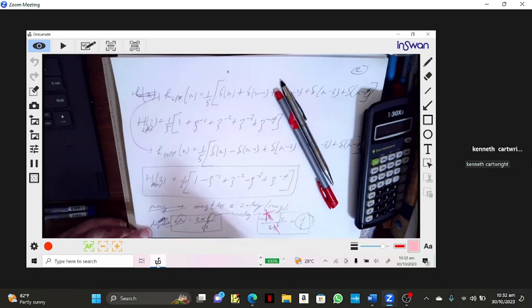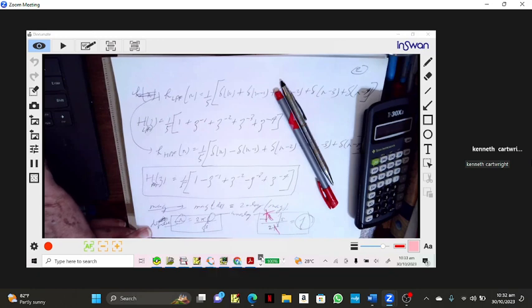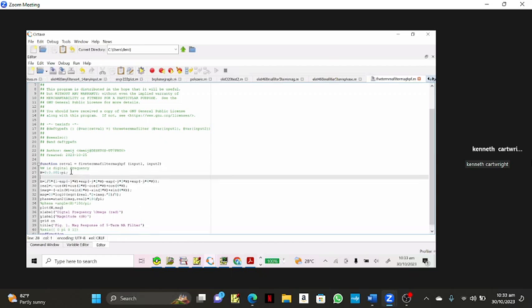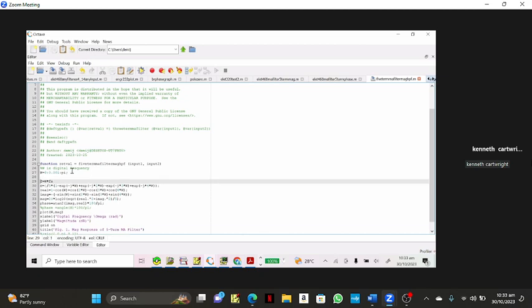So we use this equation in the program. So right here we put F, the analog frequency, equals digital frequency times the sampling frequency. And a line above this, I'm going to say what the sampling frequency is. Fs equals 10,000.